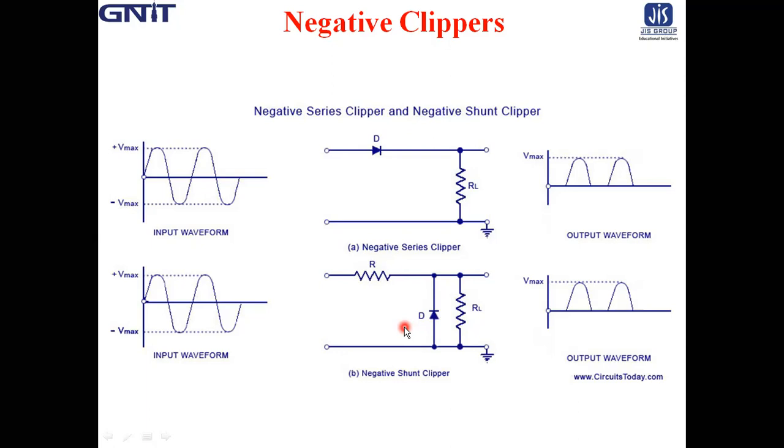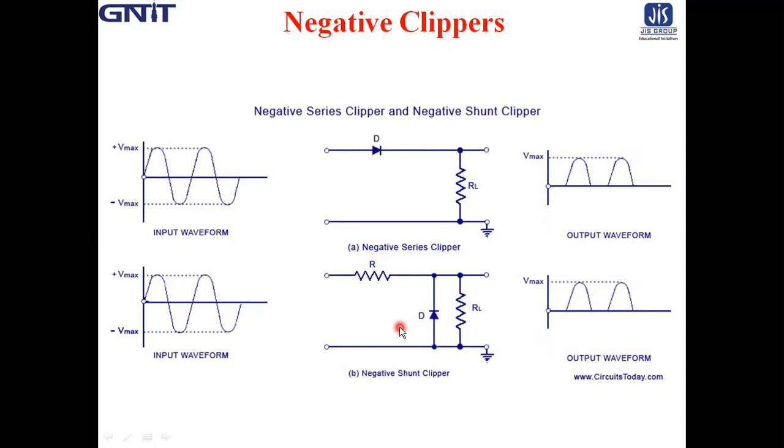The diode D acts like an open switch, that is reverse biased, during the positive half cycle of the input signal voltage, while it acts like a closed switch, that is forward biased, during the negative half cycle.